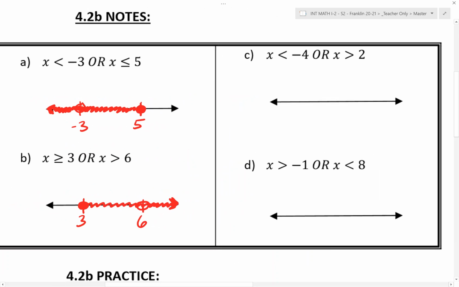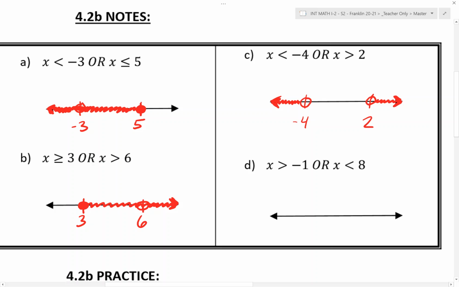Looking at example C, we have x is less than -4 or x is greater than 2. So put the numbers on there. We got -4 and 2. Less than -4, that's an open circle, shaded to the left. And then greater than 2, it's another open circle, but greater than, so shade to the right. And there we go.